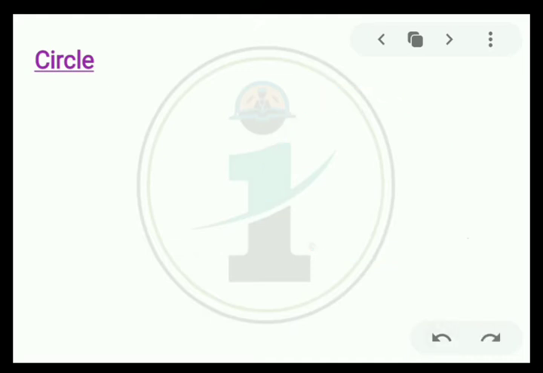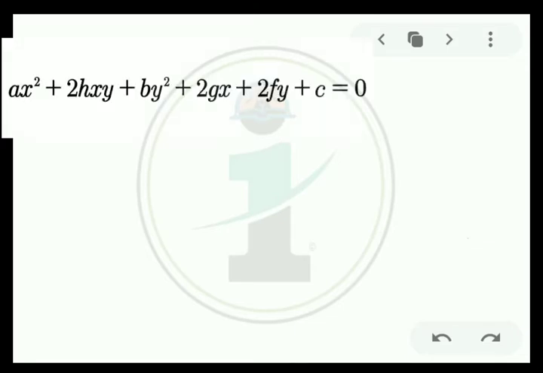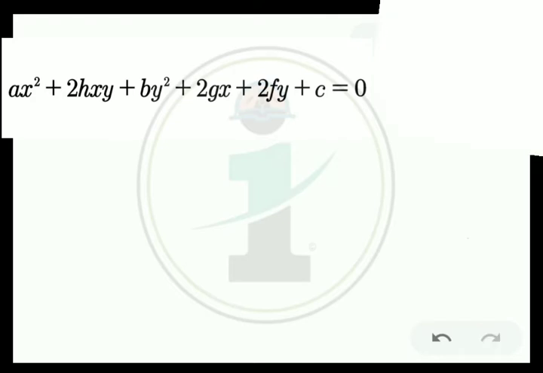Now the equation of the circle in general, or any conic section, has a general equation like this: ax square plus 2hxy plus by square plus 2gx plus 2fy plus c equals 0.